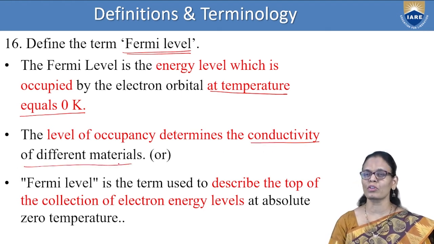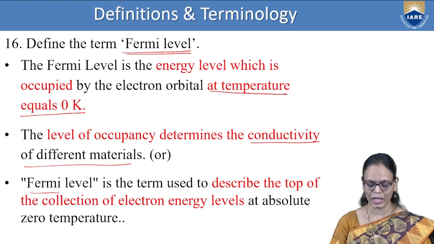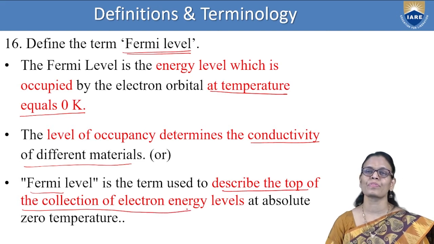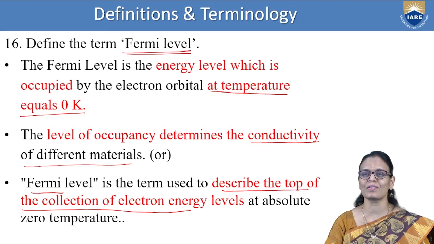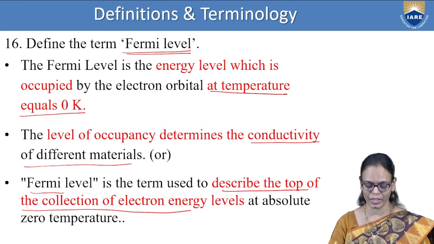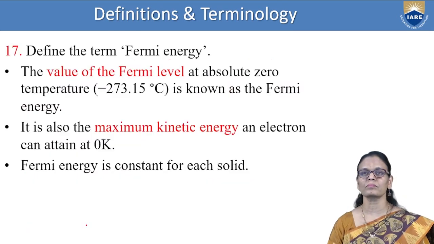So if the level of occupancy is more, the conductivity is more. In other words, we also define it as a term used to describe the top of the collection of electron energy levels. What is the topmost energy level that is filled? We denote it as the Fermi level at absolute 0.